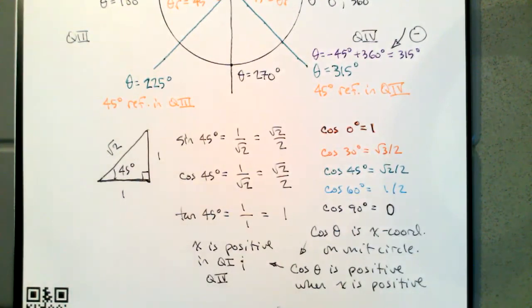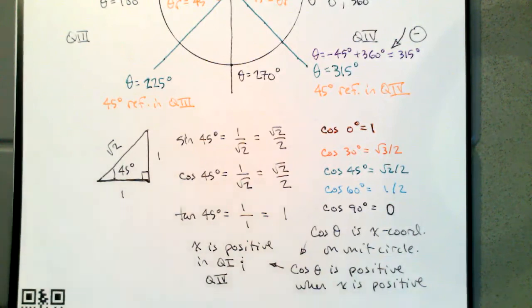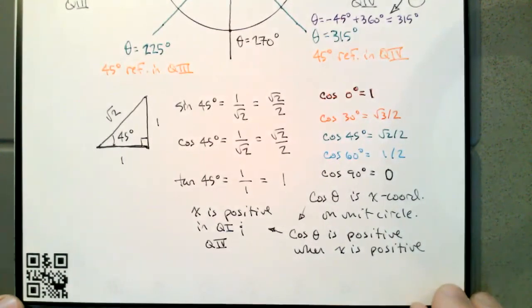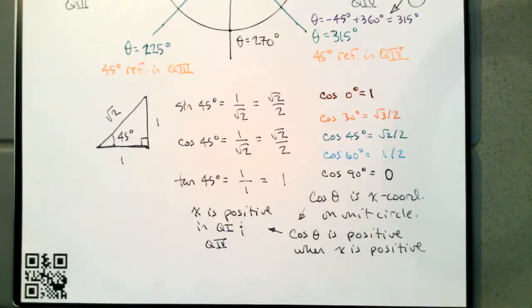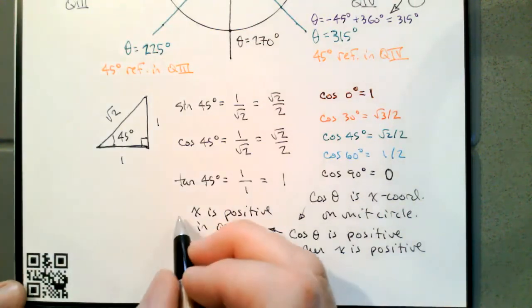X is positive in the first and fourth quadrants. So cosine theta is positive in the first and fourth quadrants.